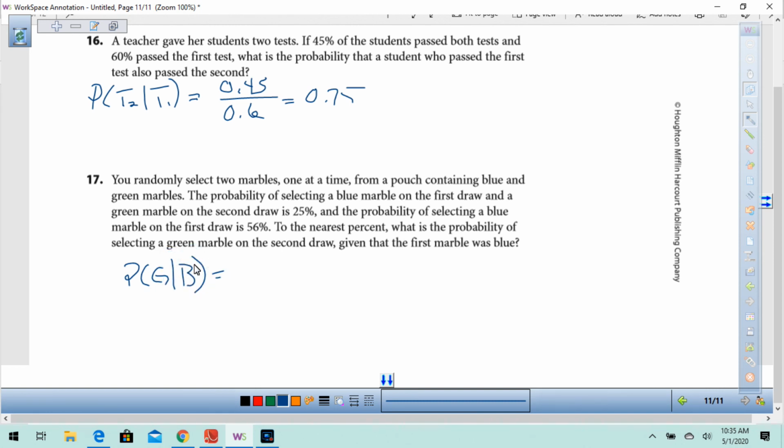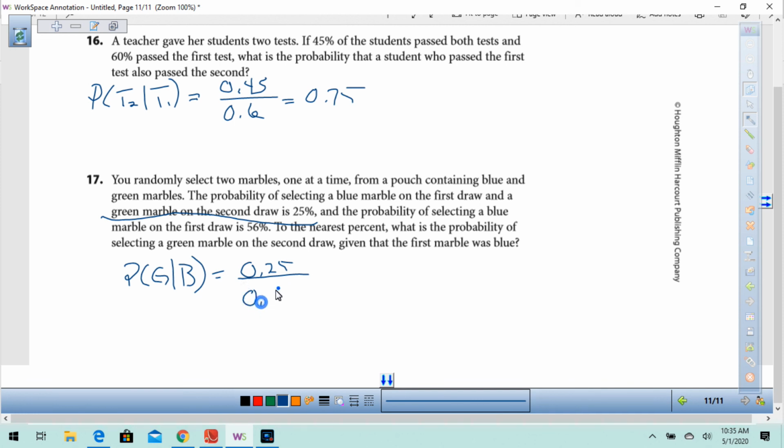All right. Okay, what do we got? Let's see here. Let's see, a blue marble on the first and a green marble on the second is 25%. So we're going to put 0.25. And the probability of selecting a blue marble on the first draw is 56%.